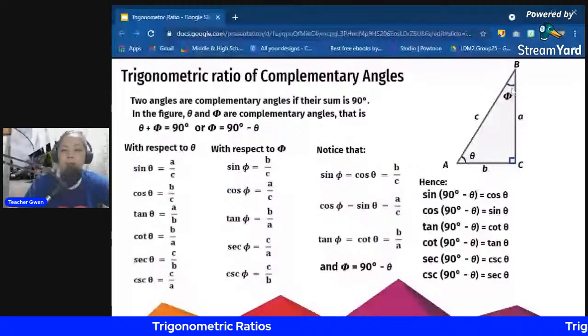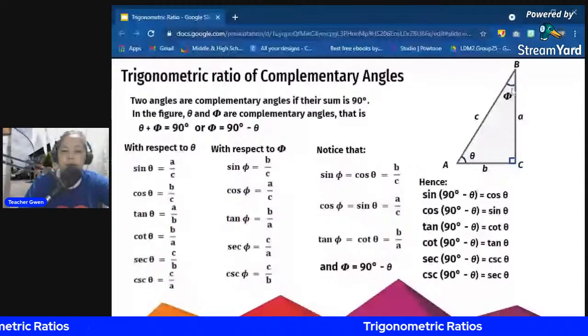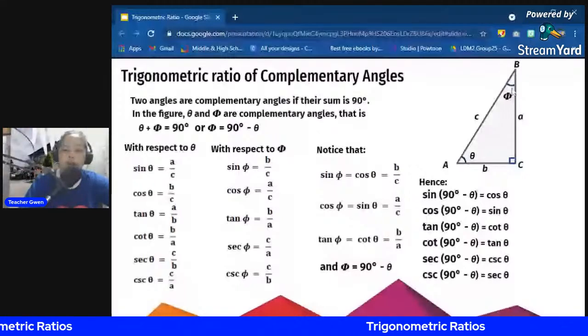Then cotangent phi, the inverse of tangent, is a over b, adjacent over the opposite. Secant phi is equal to the hypotenuse over the adjacent, which is c over a.